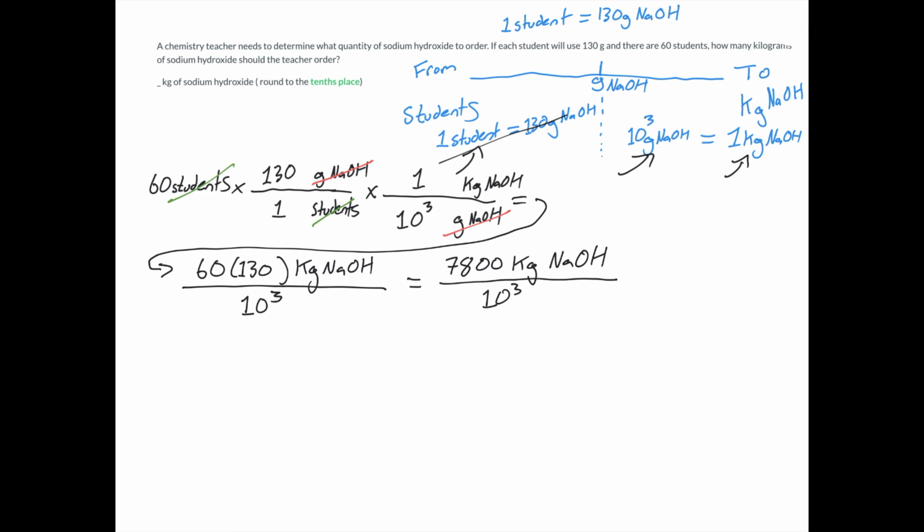Remember, if we have 10 to the positive 3 in the denominator, if we move that to the numerator, it becomes to the negative 3. So that becomes 7,800 times 10 to the negative 3 kilograms of NaOH.